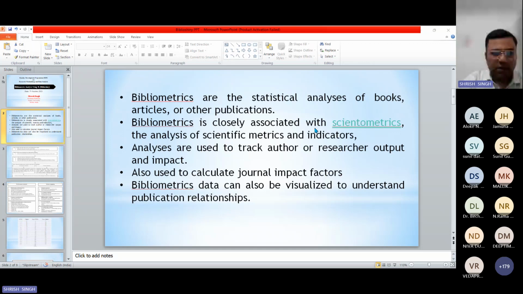So this is related to the definitions. Shall I move further? I want to bring you to the hands-on experience as soon as possible. That's why I'm covering these fundamental things, which should be known to all. Then we will learn how to install R and RStudio, and then we will install the Biblioshiny package.